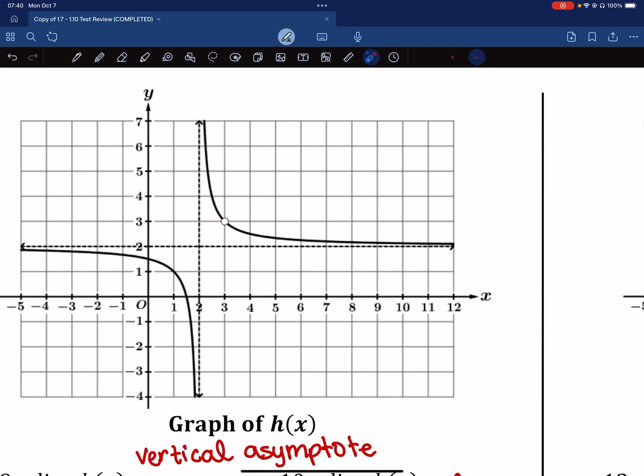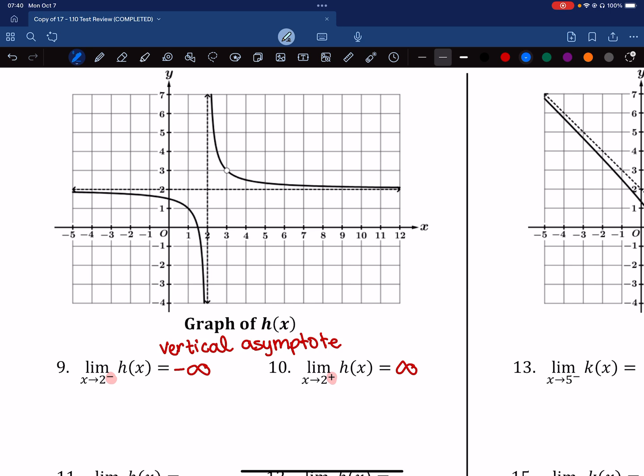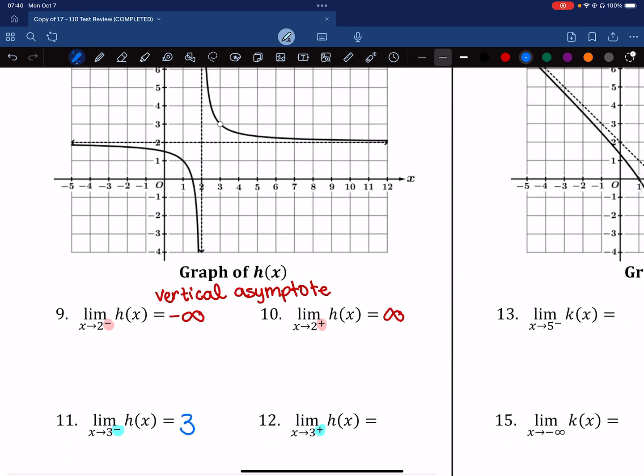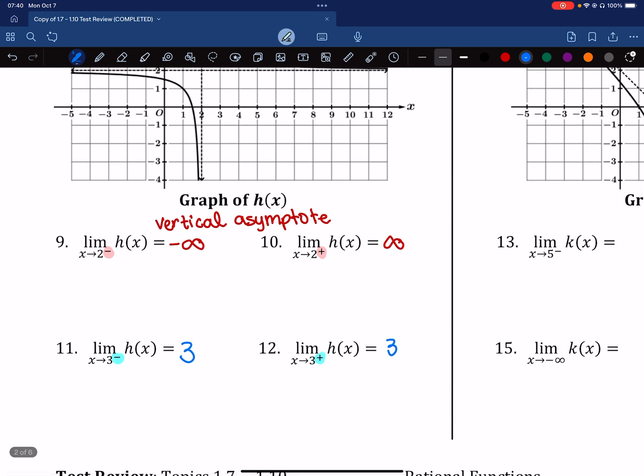And it looks like I'm approaching the y value of 3. If I approach 3 from the right, notice that I'm also approaching that same y value, which is 3. So notice that when we're approaching a number from the left and the right, and it's equaling a number, that's when there is a hole.